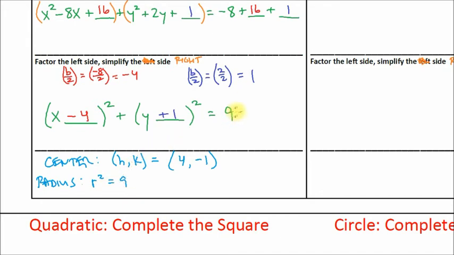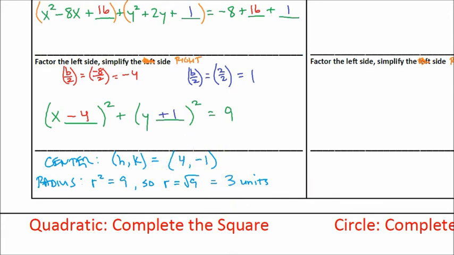Remember, this is not r, this is r squared. If r squared equals 9, then we're going to square root both sides, and that means r is equal to the square root of 9, which is 3, and we don't know the unit of measure, so we'll write 3 units. So we're able to find now the center of the circle and the radius of the circle.